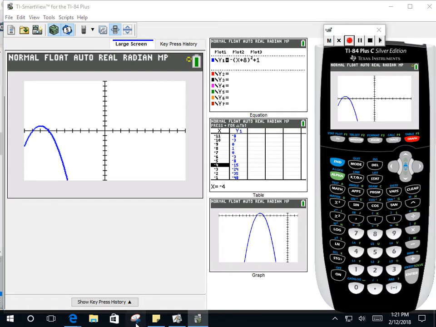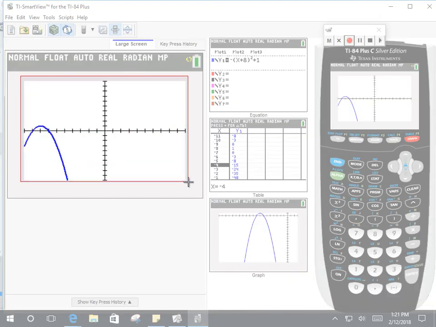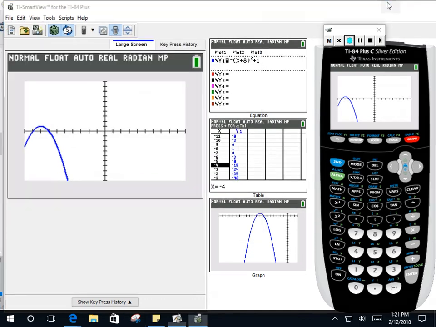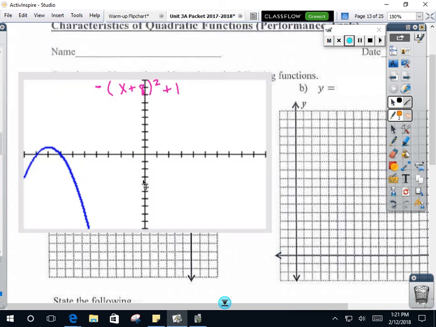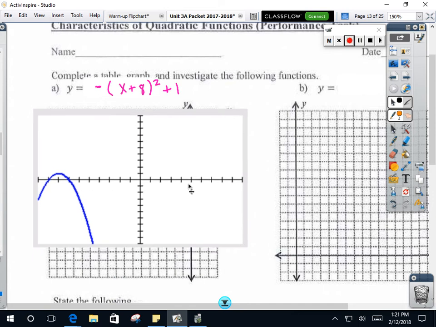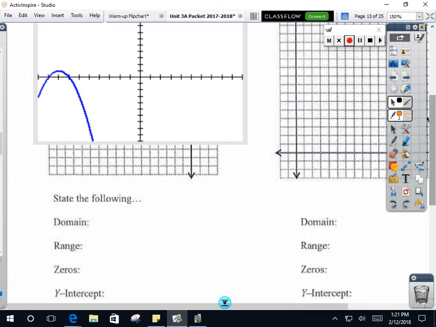Now I'm going to copy and paste it onto the worksheet we're working on. Okay, here we go. There's the graph.